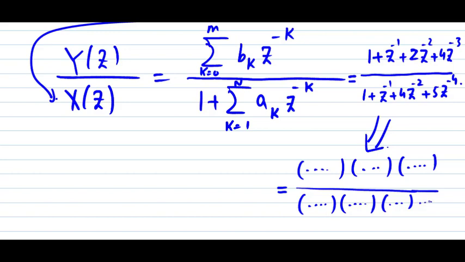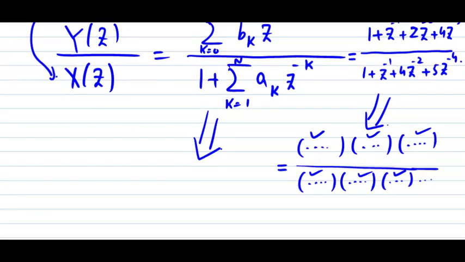So it means that this summation of terms might be written in terms of multiplication of further factors. Knowing this, we can write this as a multiplication of a couple of factors.